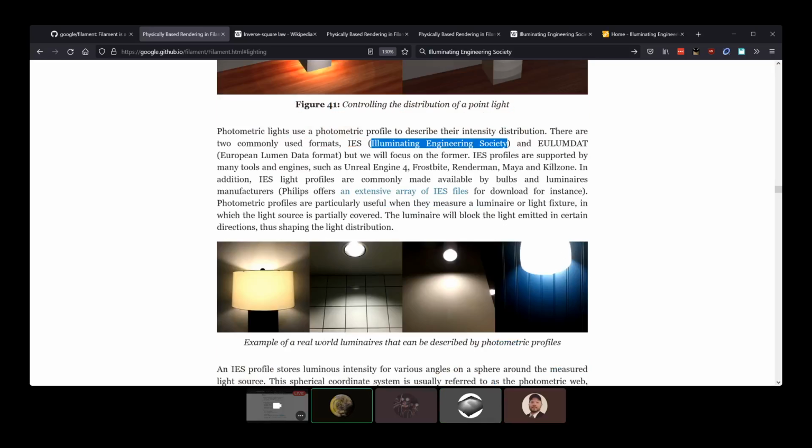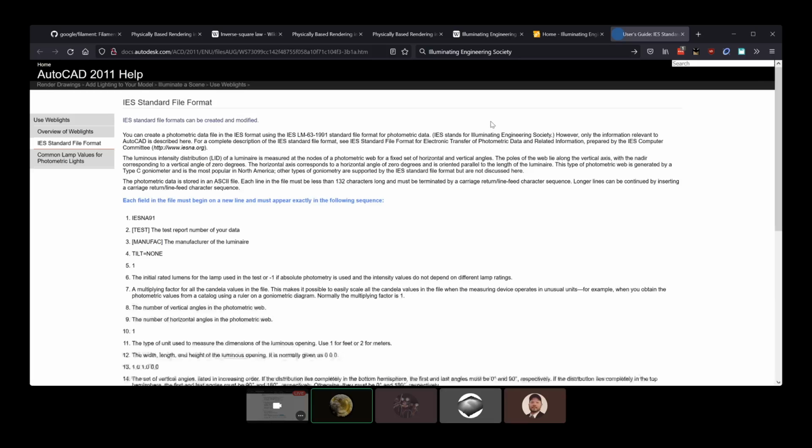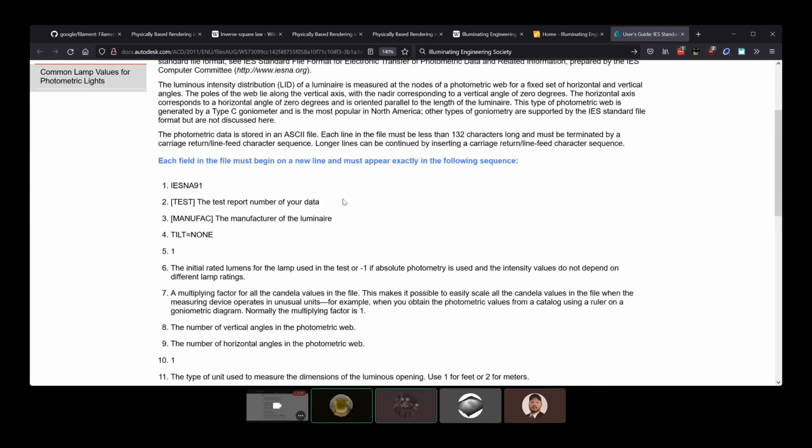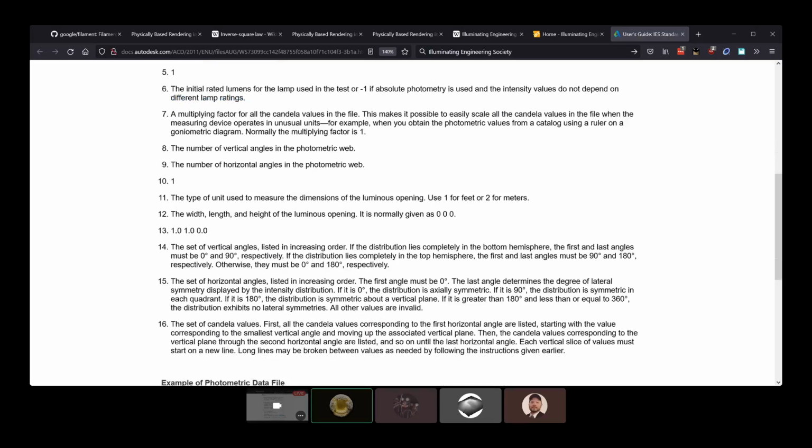Okay. There's a format for the photometric light. It's basically just an array of pairs of angles and then luminance. You've got some way to interpolate.